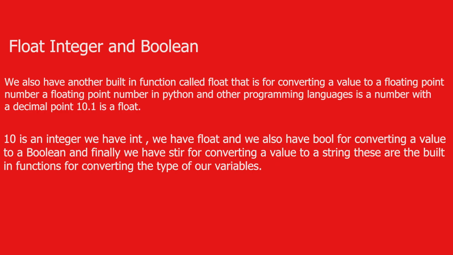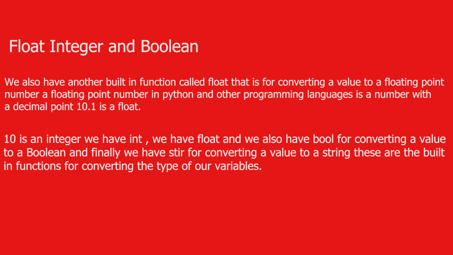Float, integer and boolean. We also have another built-in function called float, that is for converting a value to a floating point number. A floating point number in Python and other programming languages is a number with a decimal point. 10.1 is a float. 10 is an integer.